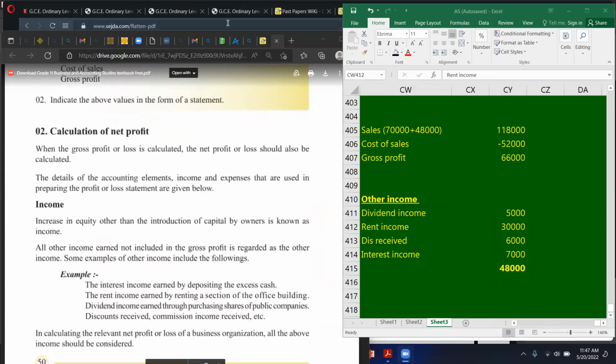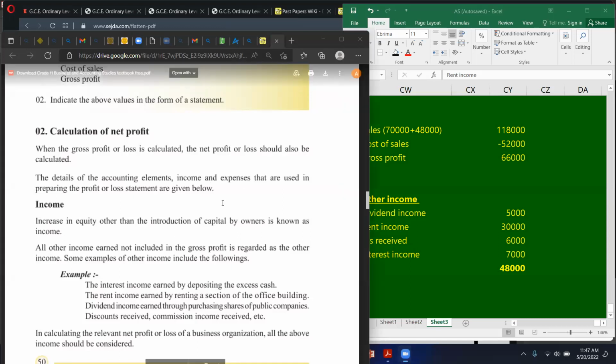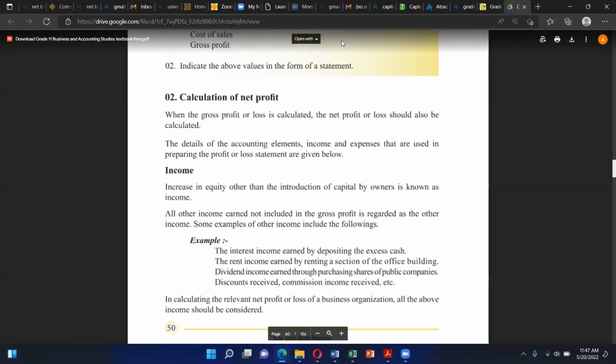Can someone read the calculation of net profit? Vihanga, can you read the calculation of net profit part? Yes, sir. When the gross profit or loss is calculated, the net profit or loss should also be calculated. The details of the accounting elements, income and expenses that are used in preparing the profit or loss statement are given below.